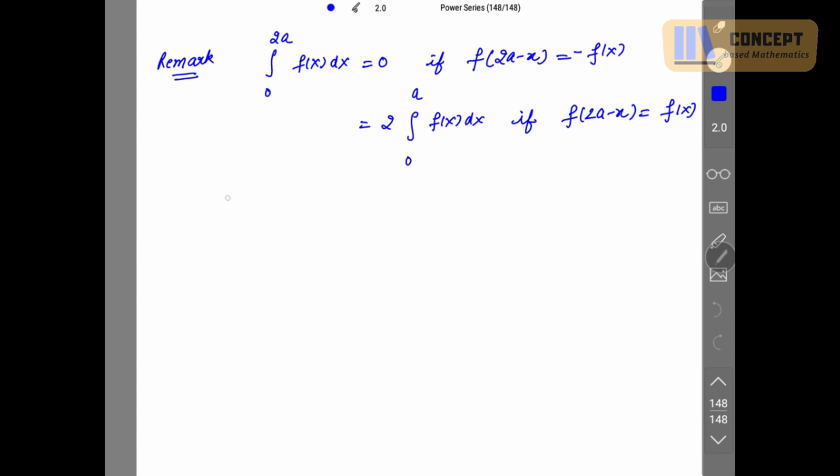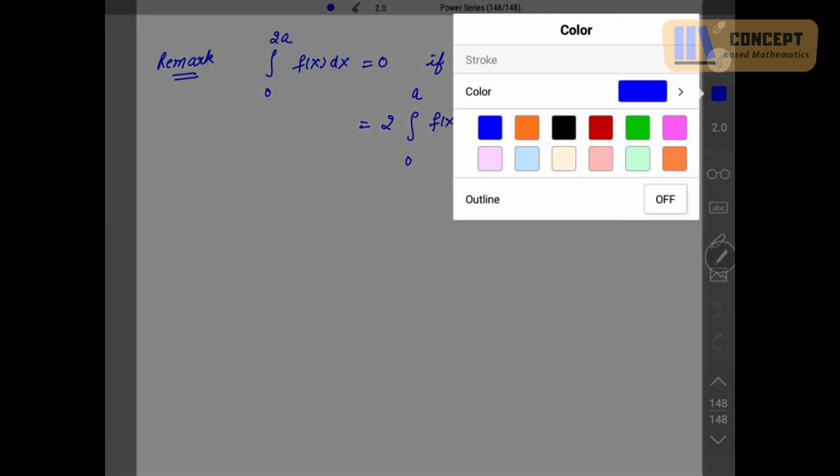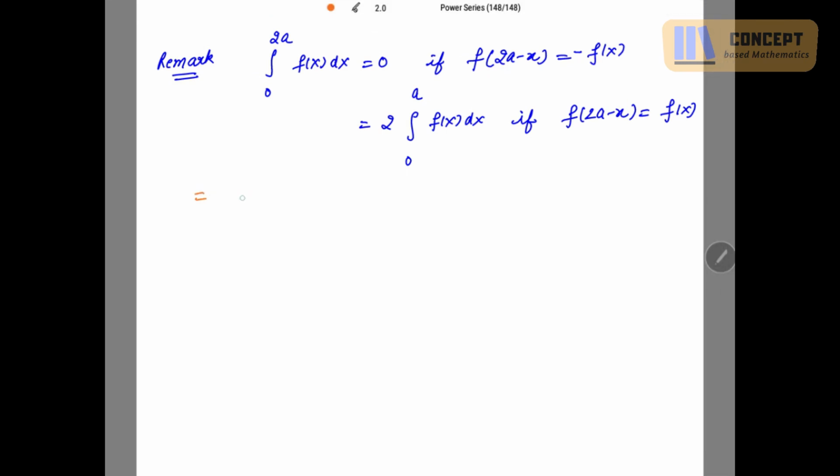So the above integral is 0, this is i into 0 minus 4 times the integral from 0 to π/2 of sin² θ dθ. Why have I written 4 times 0 to π/2?